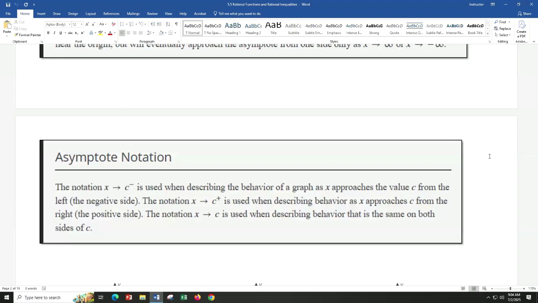We usually use the superscript negative or positive if it's only happening on one side. That's more of a calculus thing, because some things may have what we call a limit coming from one direction, but not from another direction. You don't have to worry about that too much right now.